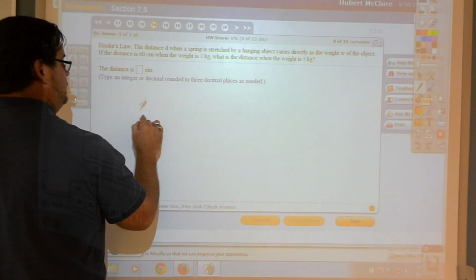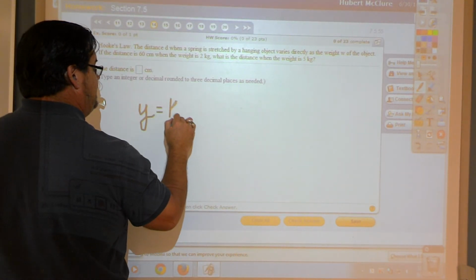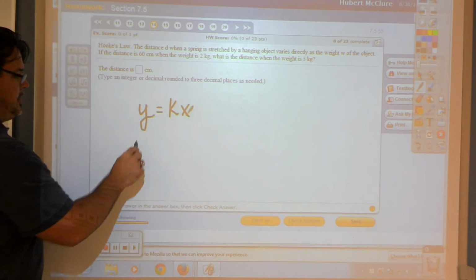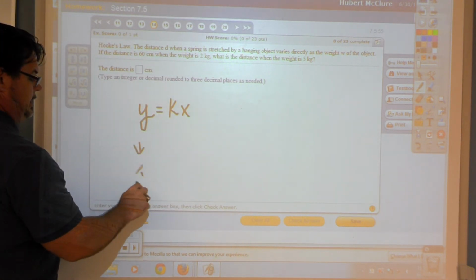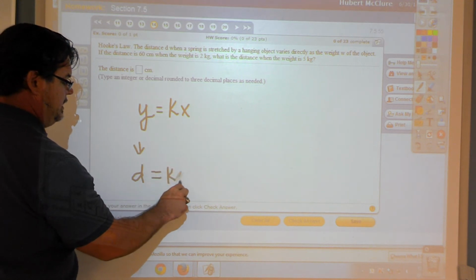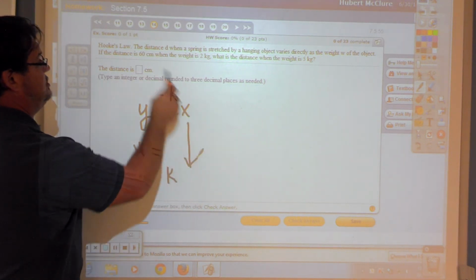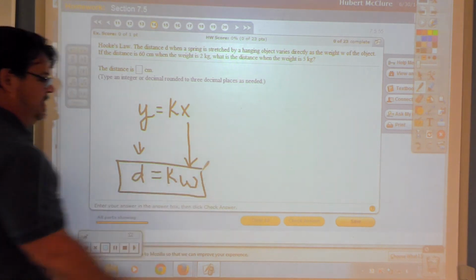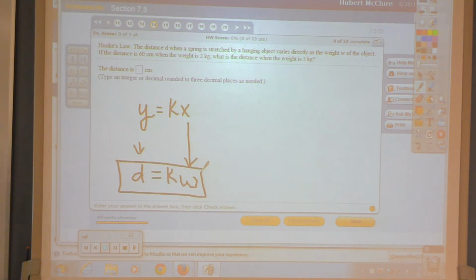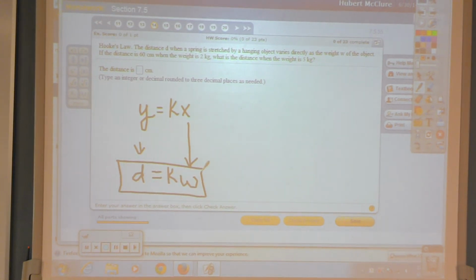I write my Y is equal to K times X, and I go down here, and what is Y gonna change into? D is equal to K, and then X changes to W. So here's my new equation, and that's how you convert it. It was the K that's... Yes. Walt, what were you gonna say?